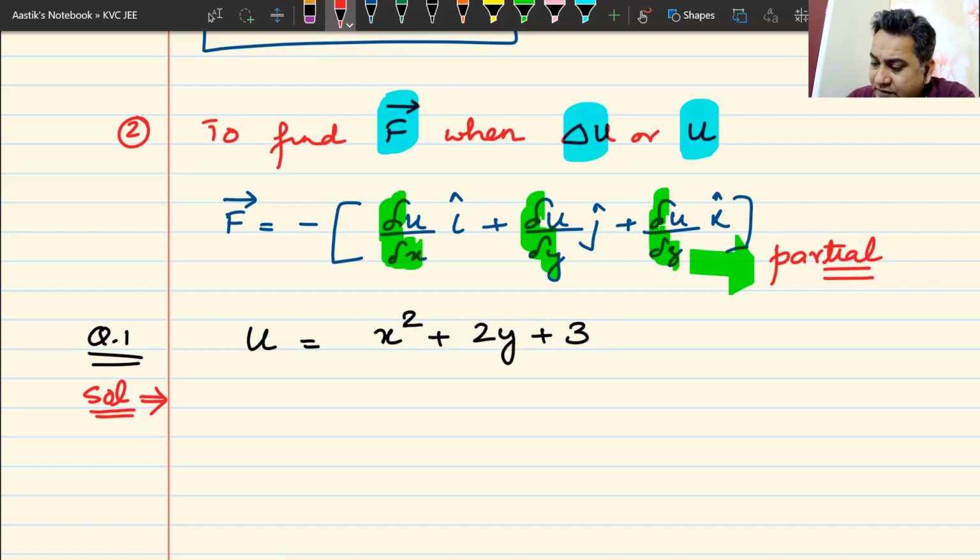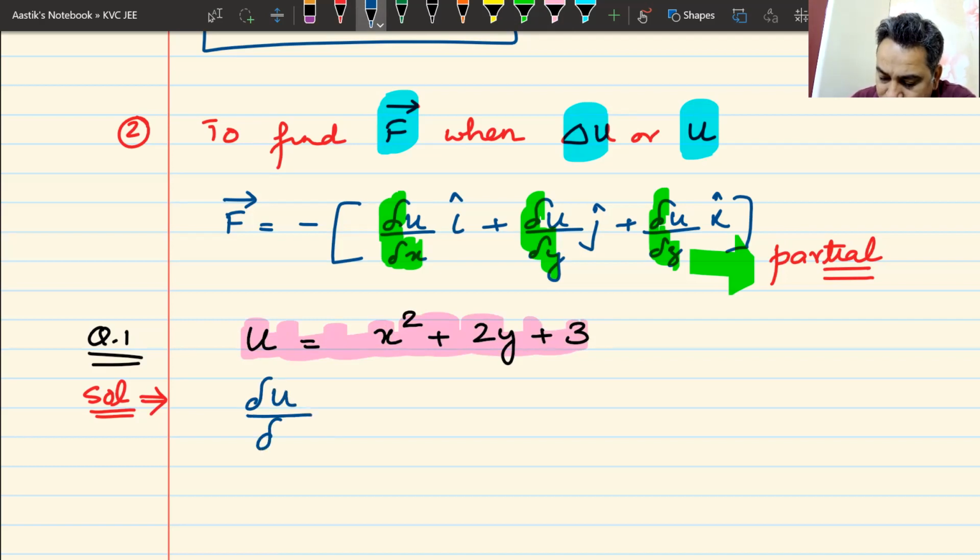How do you do it? We just need to calculate the partial derivative of this thing with respect to x, with respect to y, with respect to z. Let us first do it with respect to x, del u by del x. I have to calculate the partial derivative of this entire thing. For x squared, the partial derivative of x squared with respect to x will be simply equal to 2x.